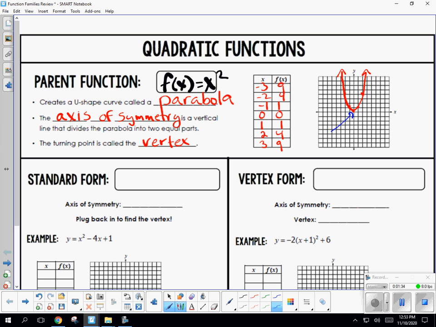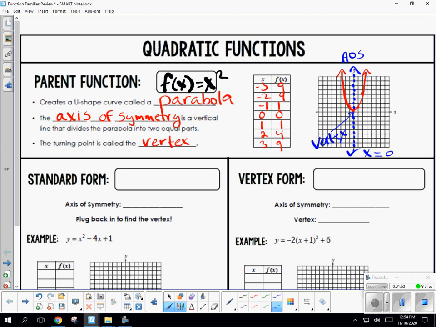This point right here is your vertex, and the imaginary line that goes up through the center, your x equals 0 in this case, is called your axis of symmetry, or your AOS.